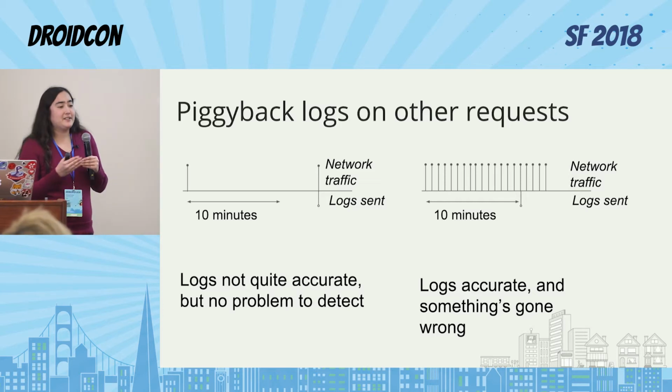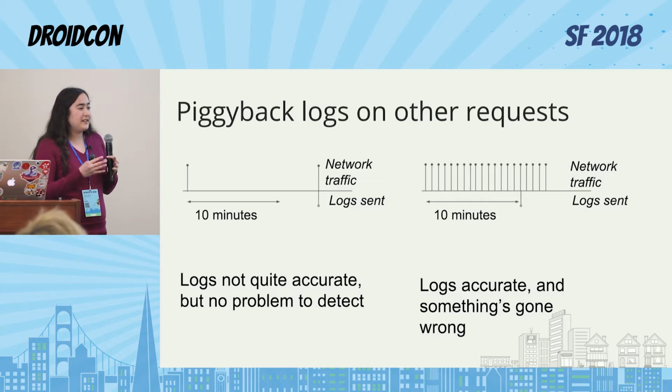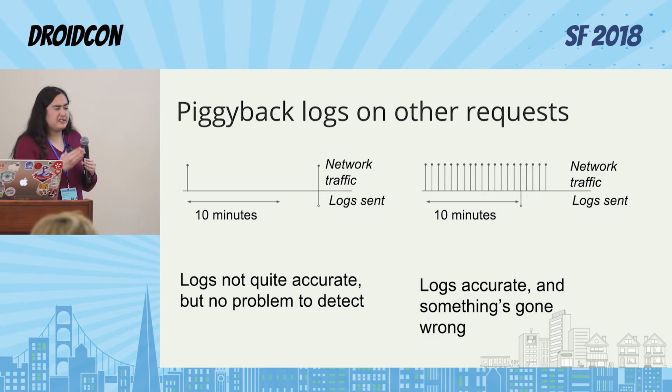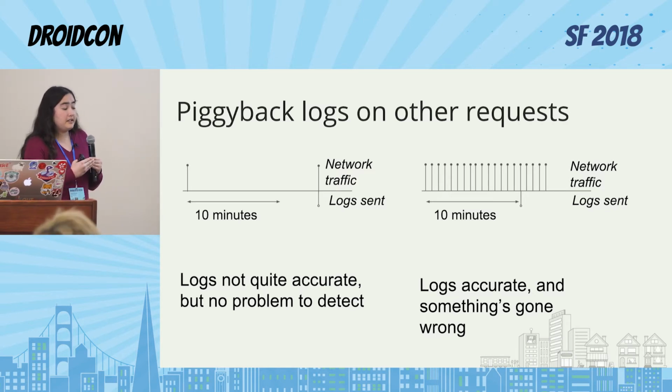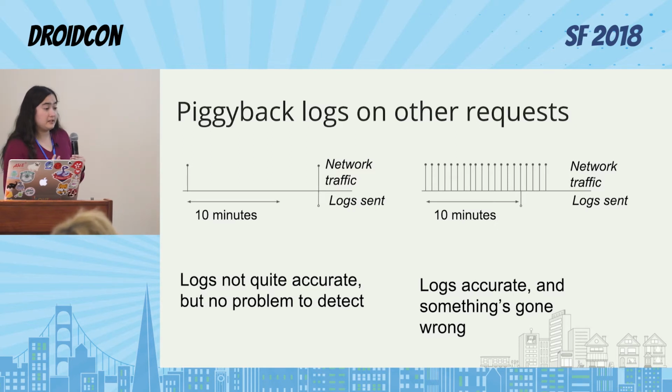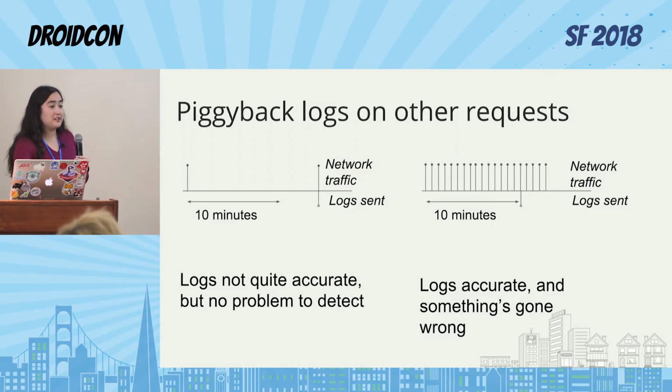But fortunately, conveniently in our case, there's a very strong relationship between the amount of data the device is sending anyway and the number of logs you want to send. So if you send a whole bunch of data now, but then don't send anything else for a while, you don't really need to find out about that right away, because the problem isn't ongoing. The problem has stopped for a while.